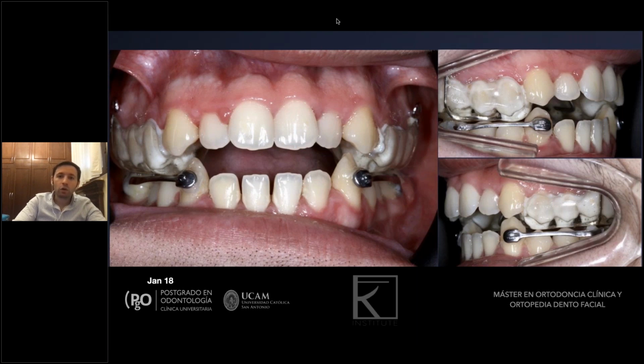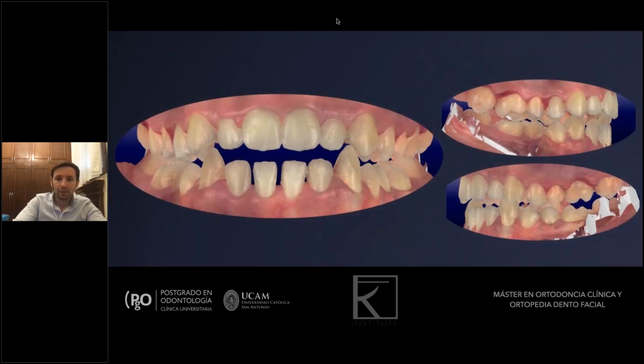Why? Because there is no maxillary deficiency, and because there is a class 1, even a class 2 platform in a class 3 patient after the first phase, after the sagittal first. Look at the situation that we have after the sagittal first. Look, I have a class 2 patient.